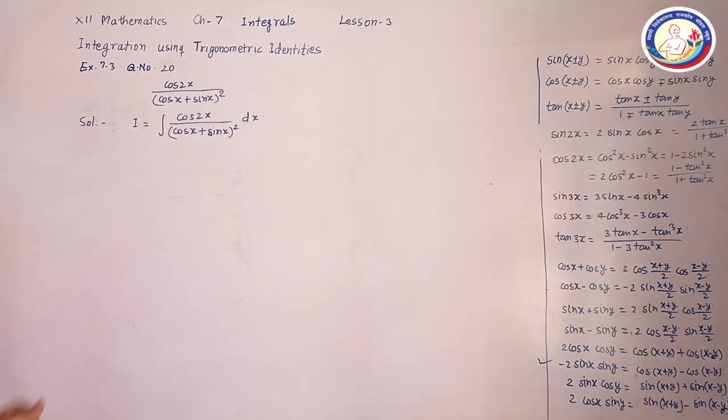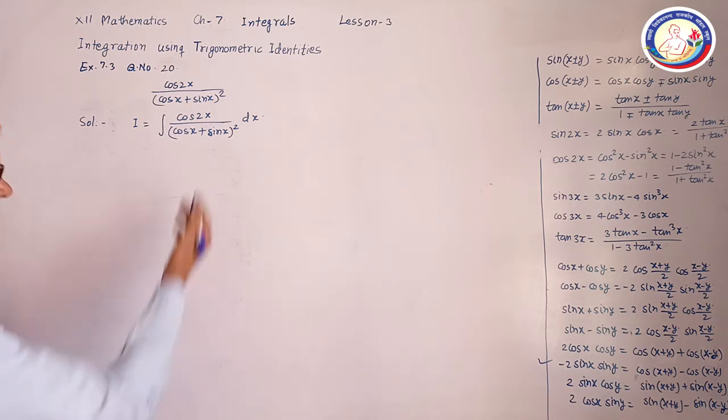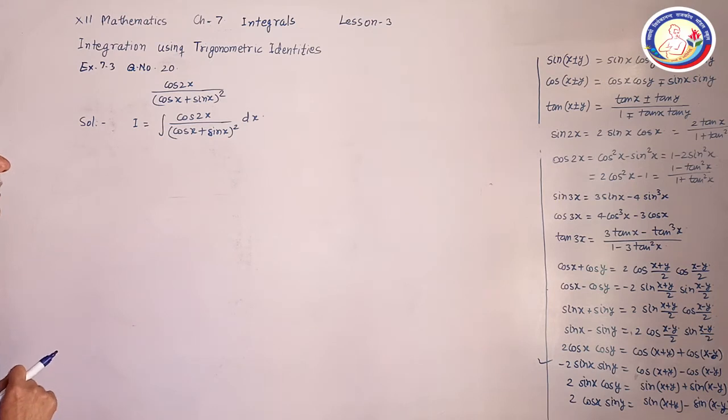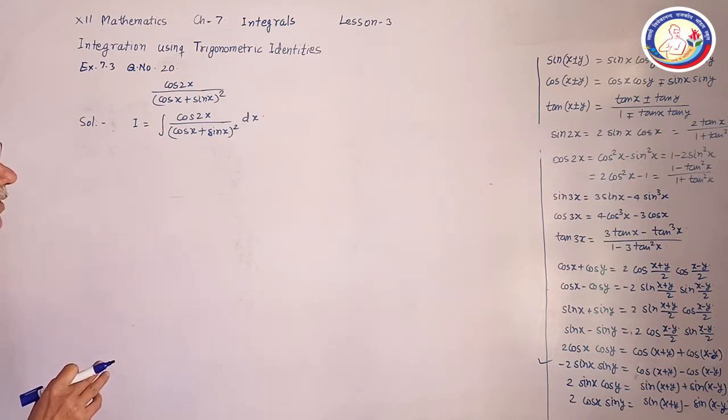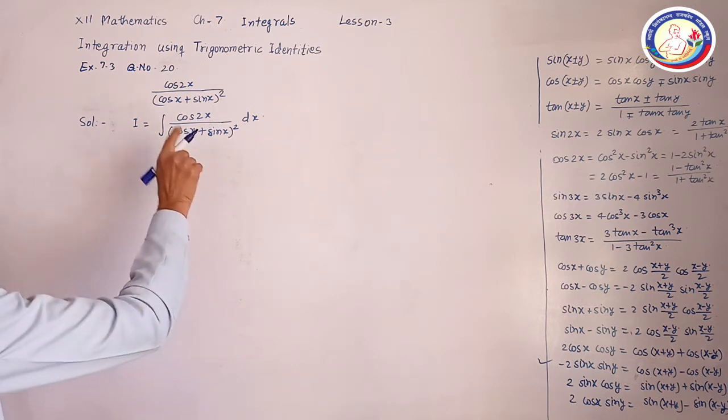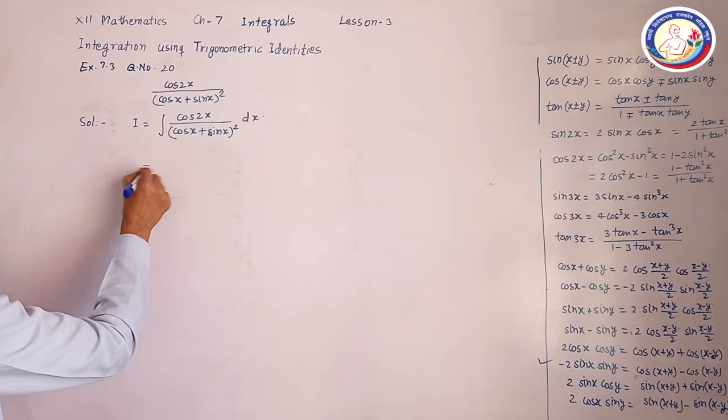Now take this question. Here we are having cos 2x in the numerator and the denominator is cos x plus sin x whole square. We have to change this using trigonometrical relations and identities into integrable form.